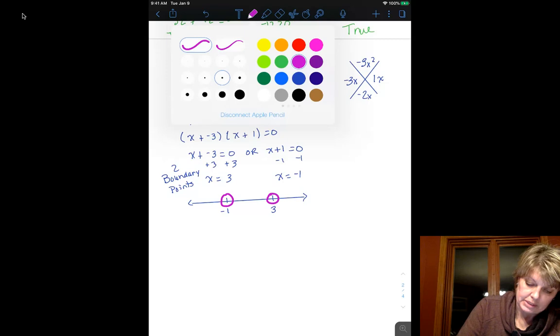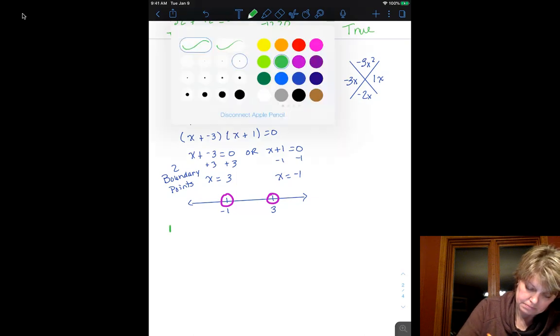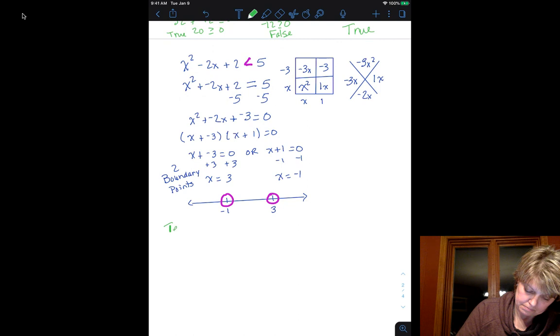Now I have to go to my testing. Again, I have 3 regions I have to test. So over here, I'm going to test x equals, and I'm going to choose somewhere in between there. How about -2? So I have -2 quantity squared plus -2 times -2 plus 2.